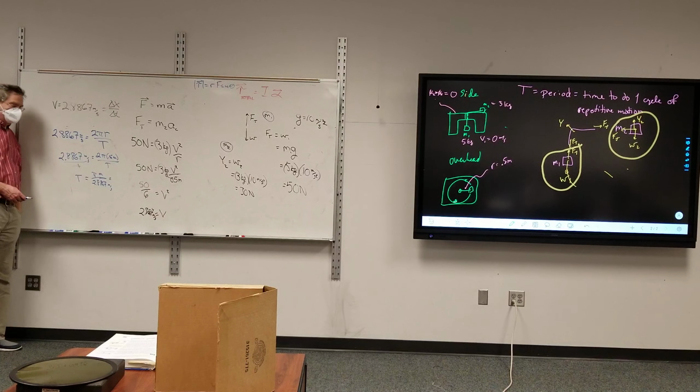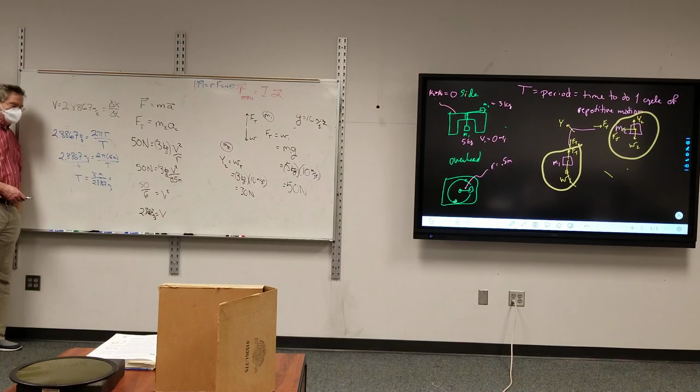Some questions before I ask a follow-up question, and then we do one more example, then take a break. If mass 2 were not swinging at all, what would happen? This one will fall to the ground. Yeah, if mass 2 were not swinging at all, if we stopped the turning, what would happen?